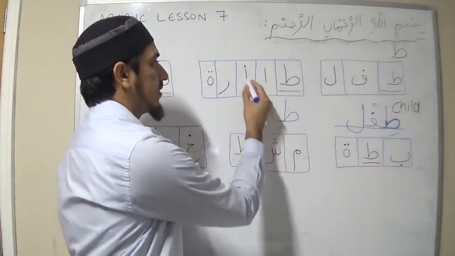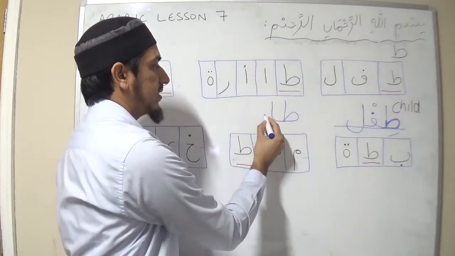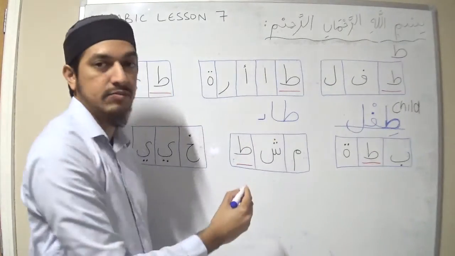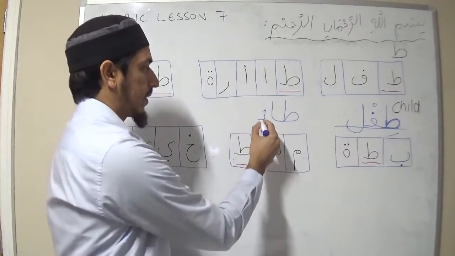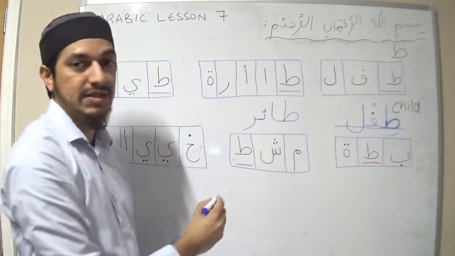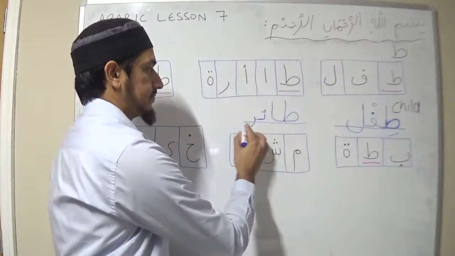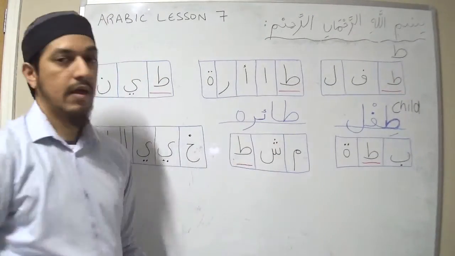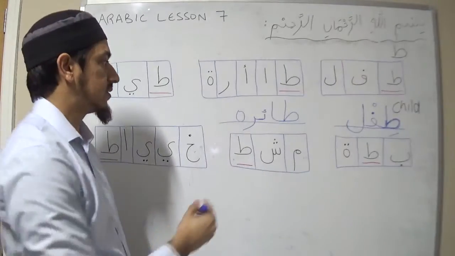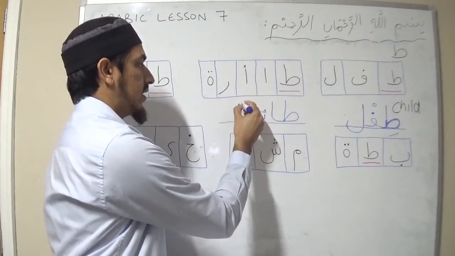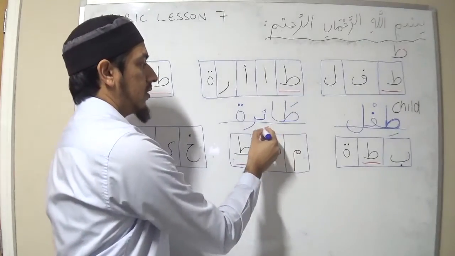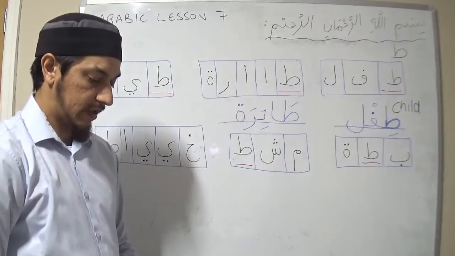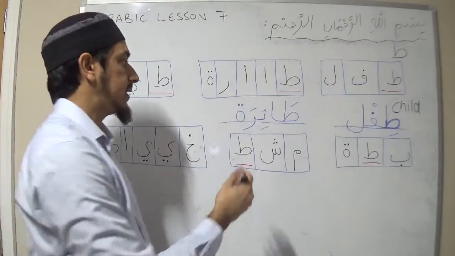So now we have a hamza, and we kind of start like that at the bottom, a small one. Hamza there. Join onto ra, which goes underneath the line. And then because after ra nothing joins, we have ta marbuta by itself. Ta'ira. And ta'ira is a plane.